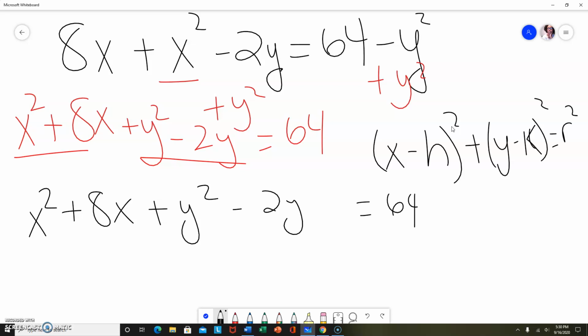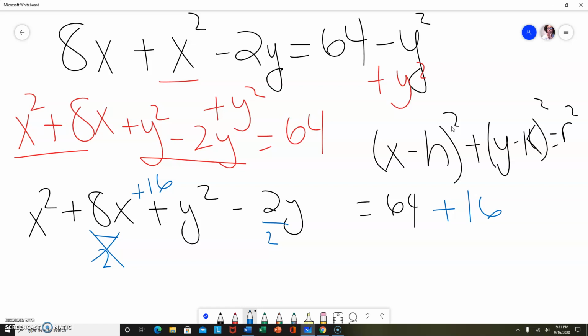So the first thing that I'm going to do is look at the x values, and take my b term, which is my 8, divided by 2 and square it. So 8 divided by 2 is 4. 4 squared is 16. So I'm going to add 16. Now remember, whatever I do to one side, I have to do to the other. Again, for the y term, I divide by 2, and it really is negative 2.